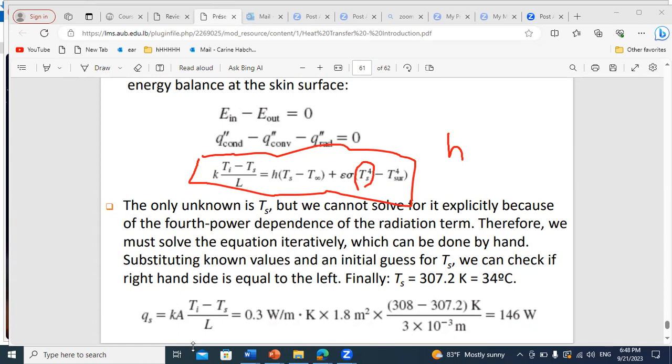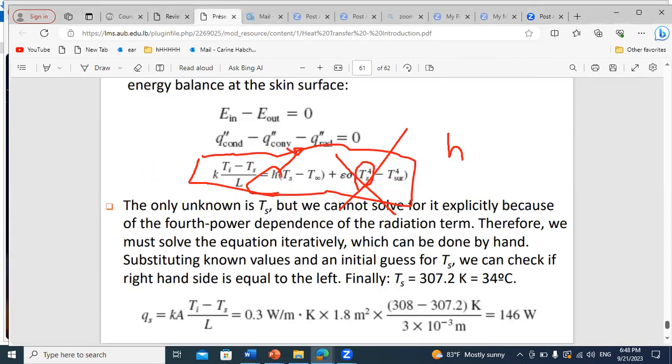But here, we should pay attention that whenever we have water contact, we don't have any more radiation because water will be opaque to radiation transfer. Okay, so if you want to write the equation in case you have contact with water, you should remove this term, but the convective coefficient will be larger. Okay, so you can expect lower surface temperatures.